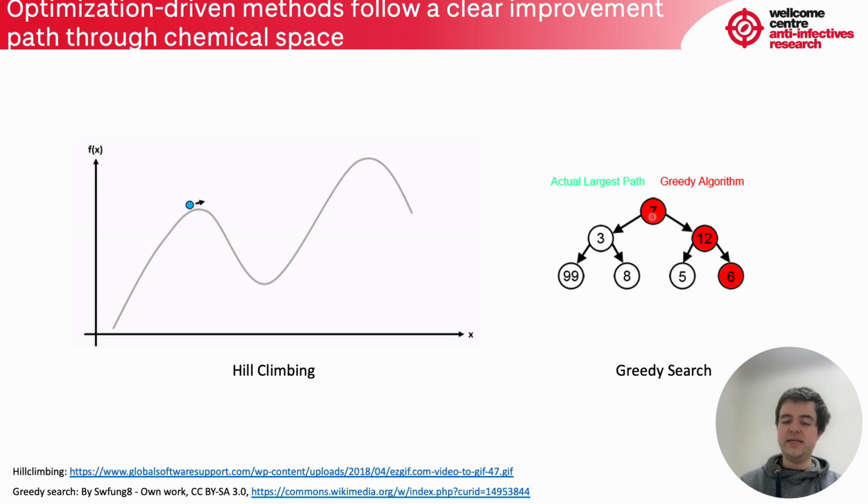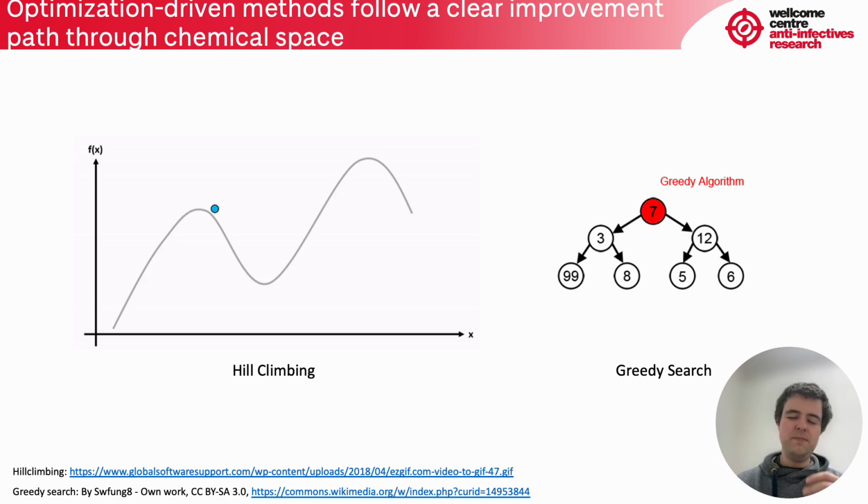The problem is that the actual best path would be to take initially the score of 3, which is worse than 12, as that will lead us to a molecule with a score of 99. The problem with this approach is quite obvious now: it's very easy to get trapped in what appear to be good scoring molecules when actually there could be some better scoring molecules elsewhere.